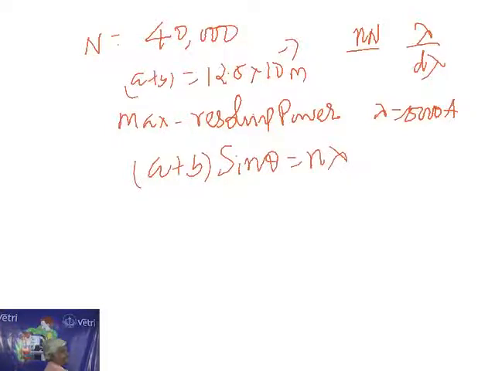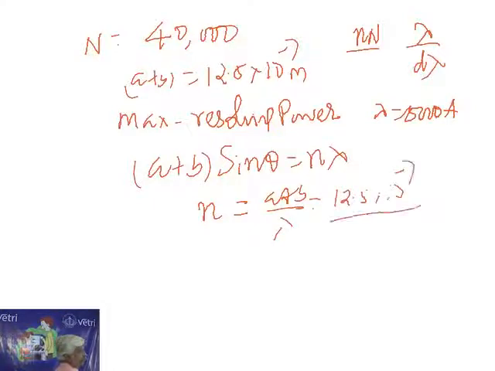For maximum resolving power, sin theta value is 1, therefore n is simply (a plus b) by lambda, that is 12.5 into 10 power minus 7 by 5 into 10 power minus 7. So I got the value 2.5 as small n.